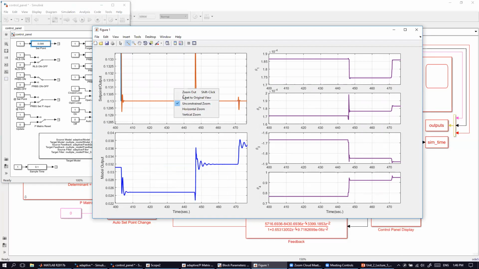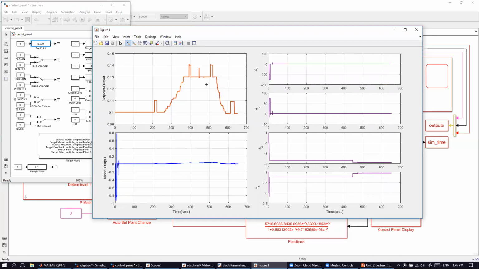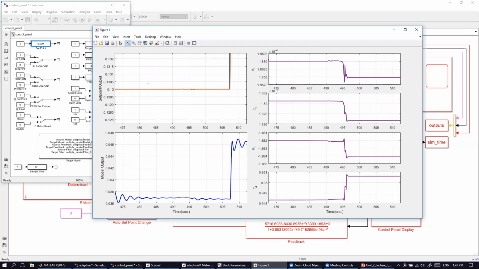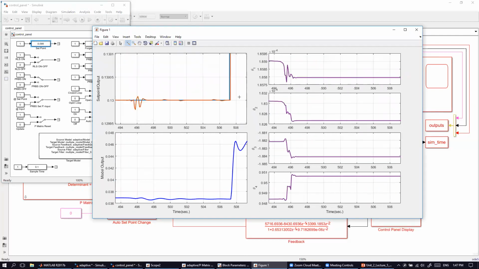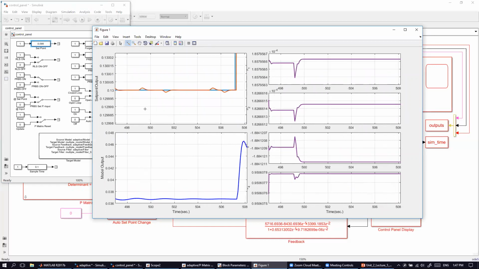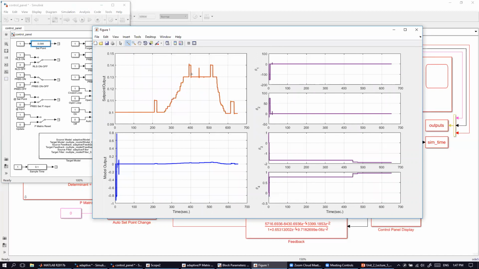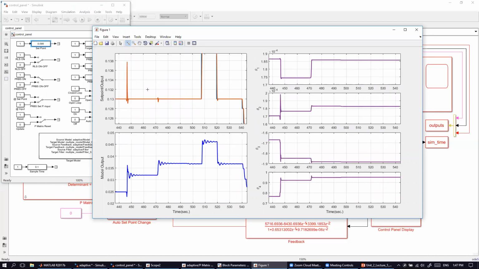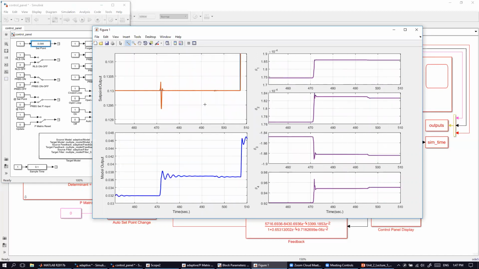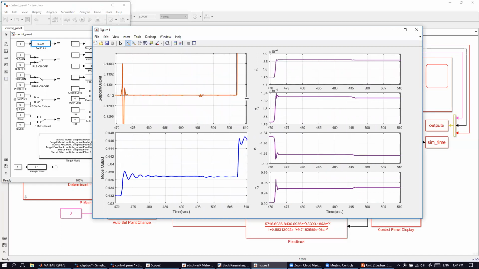Somewhere here, where was it that we identified the model? So we started to identify the model here again. Yeah. And no, here we already stopped it. Okay.